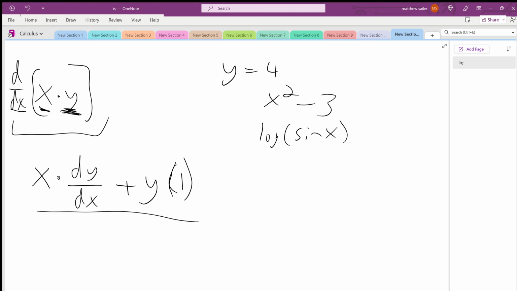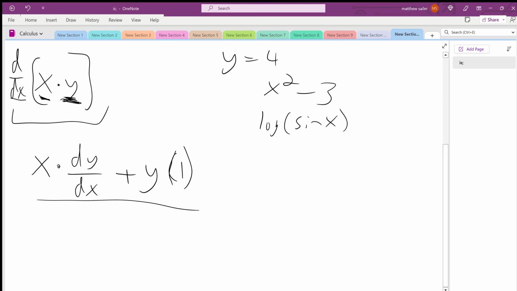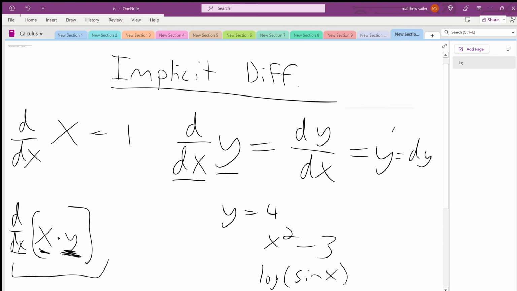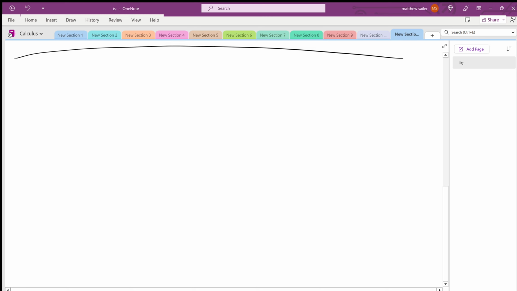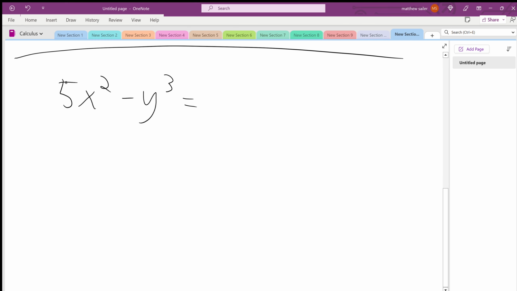That's just one example. Let me start off with a simple problem where we apply this concept of implicit differentiation. So, what if we have this equation? 5x squared minus y cubed equals 7.